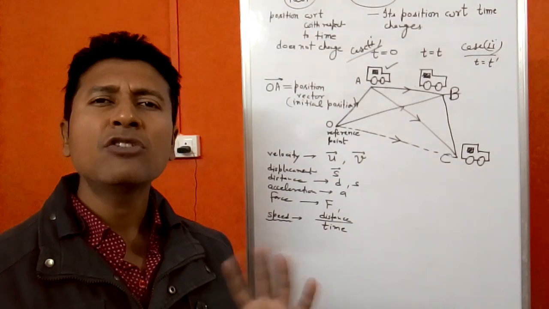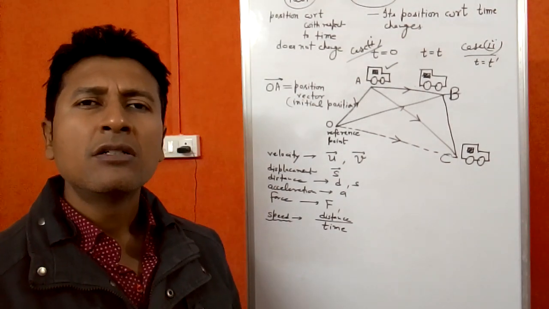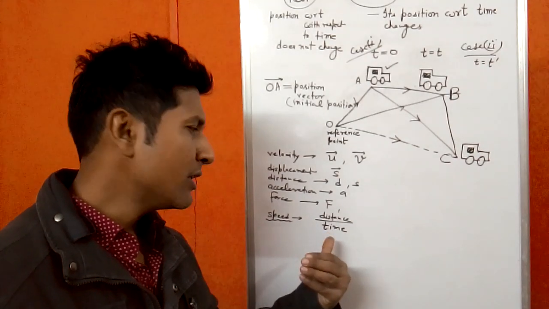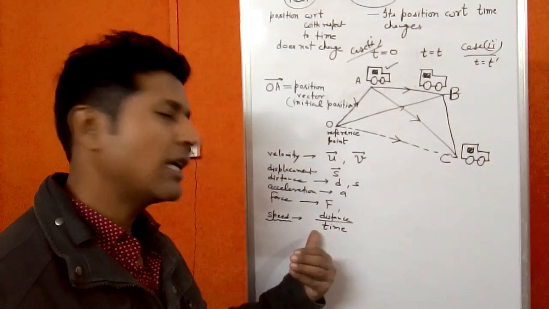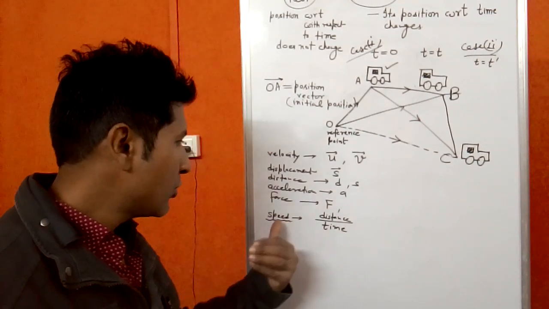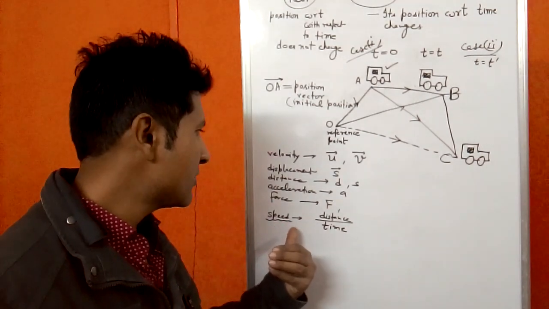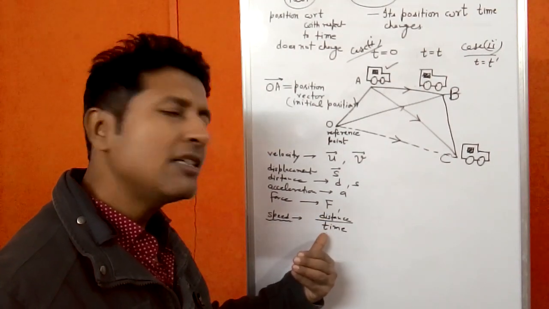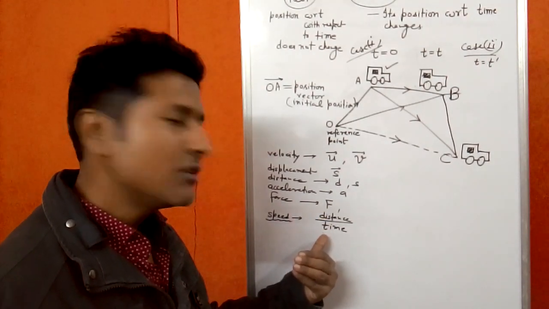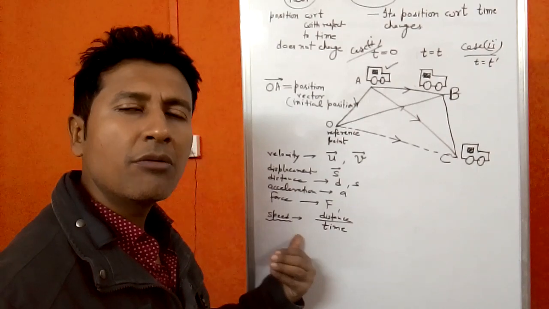Now, the definition of speed can be understood just by looking at the formula. The ratio of distance and time is known as speed, right?